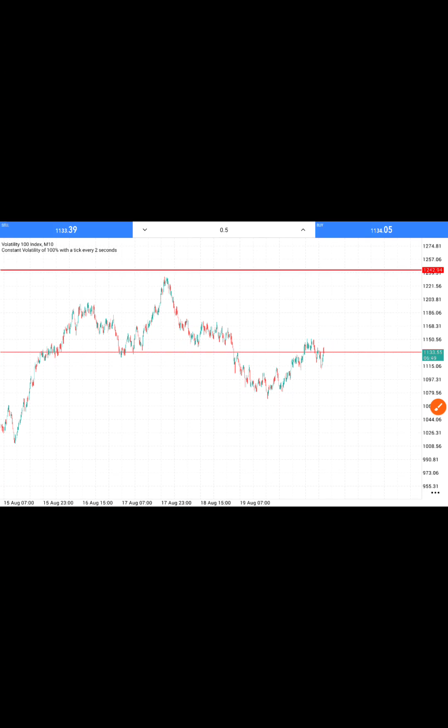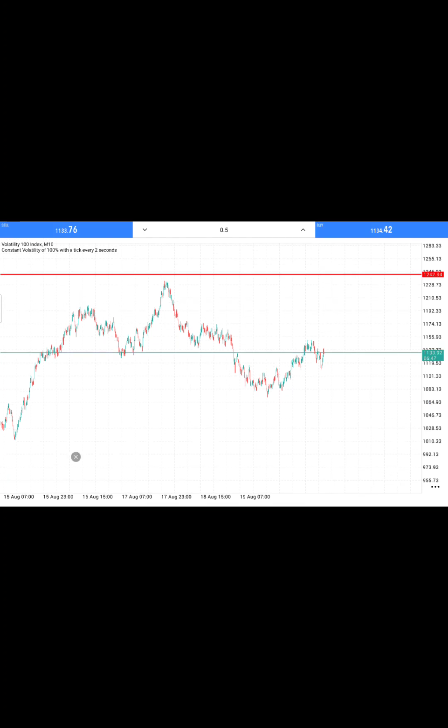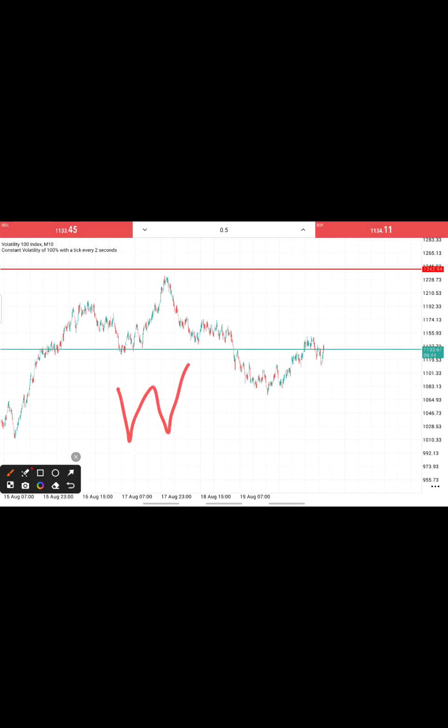Now liquidity simply means that when you have W pattern, the market will do what? The market will take out, you know, when the market was coming like this, it went like this, it now went down. If the market goes up like this, a lot of buyers will be trying to put their buy here and then put stop loss above that place.